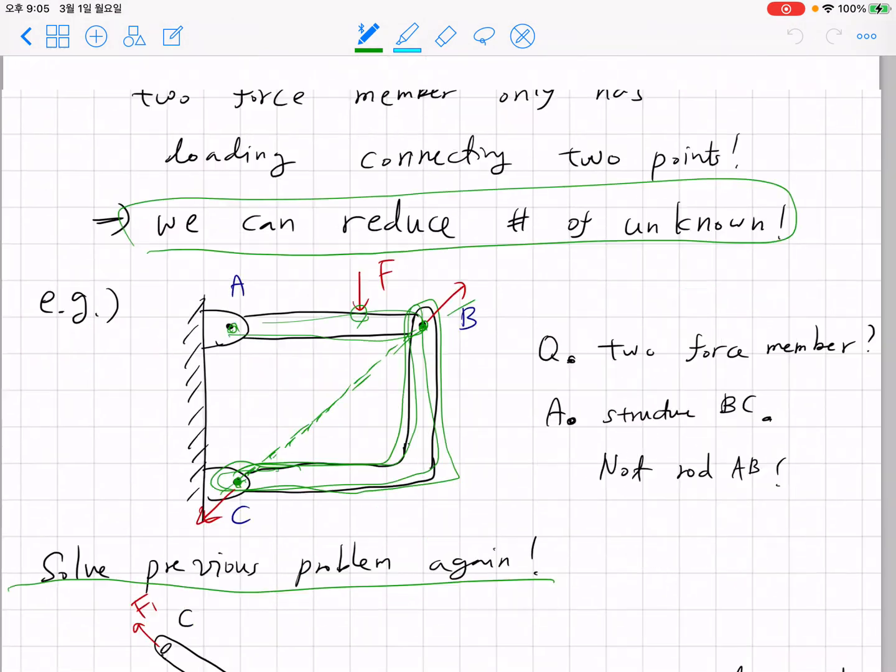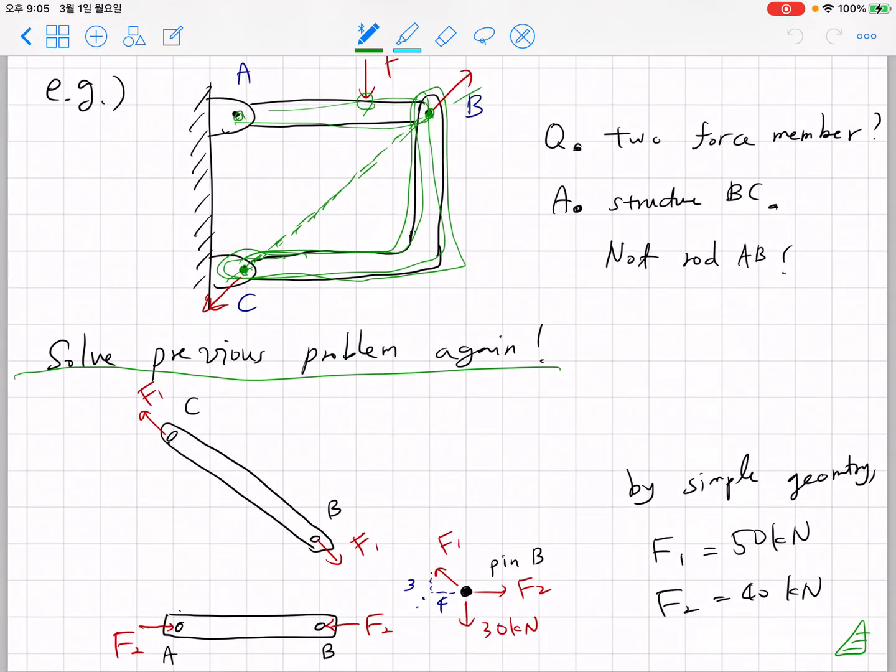However, by identifying two-force members, you have to specify F1 and F1 in opposite directions here, F2 and F2 in opposite directions here, because this F1 and the force acting on pin B should be an action and reaction pair. They will have the same magnitude but opposite direction. If you consider this F2 exerted by pin B, due to the action and reaction principle, this F2 must be balanced by F2 with the same magnitude but opposite direction.